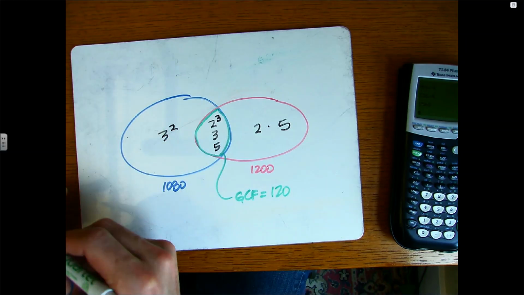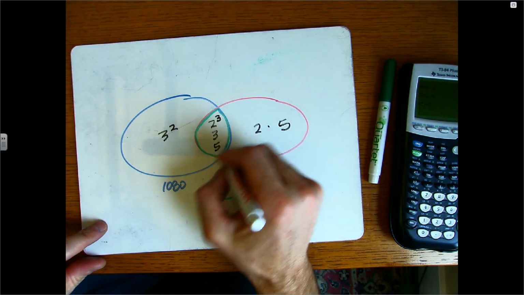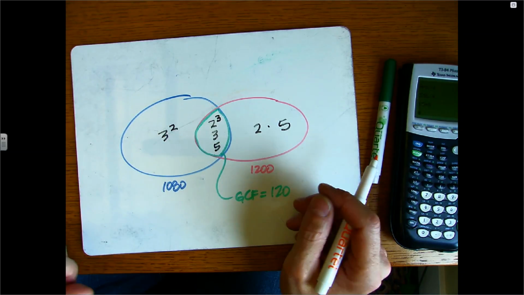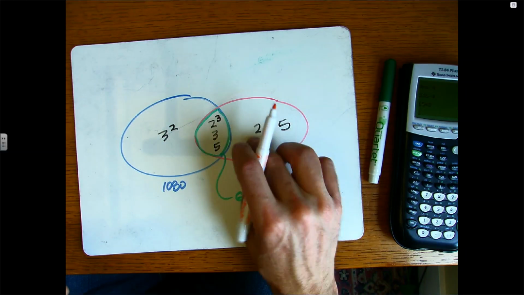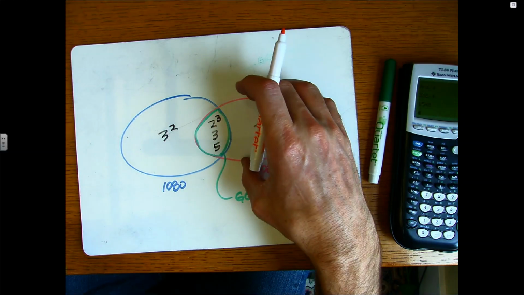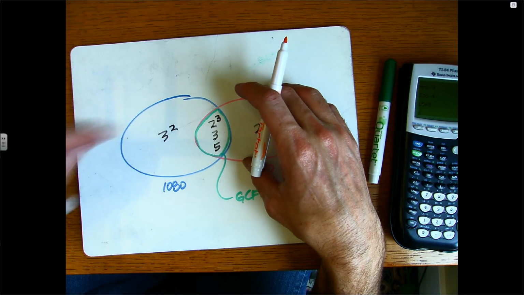And then to find the LCM for this number, we would just take the greatest common factor and ask what other pieces do we need to make it a multiple of 1200. Well, to make it a multiple of 1200, we need at least the 2 and the 5, right? And to make it a multiple of 1080, then we need an extra 3 and an extra 2.